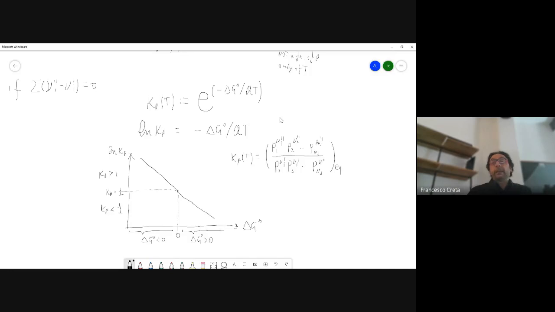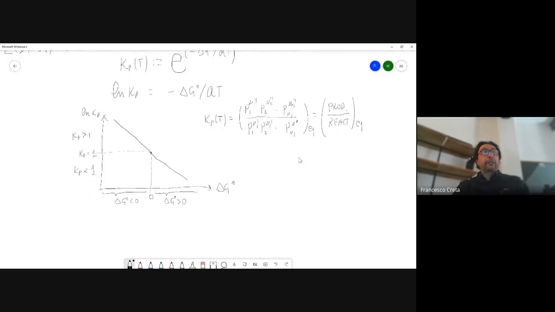So generally speaking, on this quotient, you have products at the top and reactants at the bottom, in their equilibrium composition, okay?